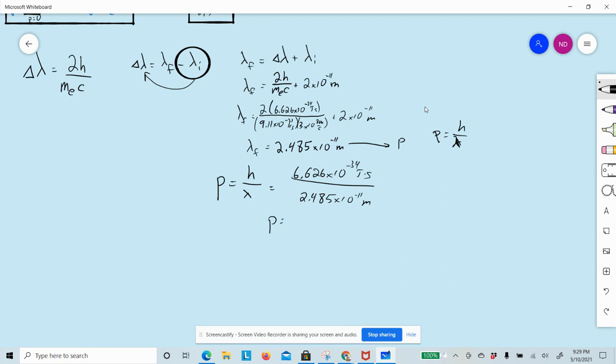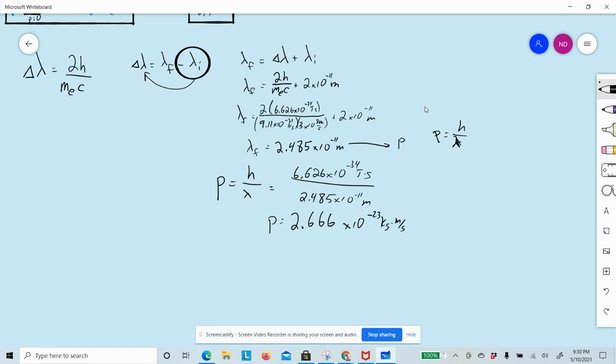The momentum of the photon afterwards will be 6.626 times 10 to the negative 34th divided by, type the right numbers in, 2.485 times 10 to the minus 11th, which gives us this number of 2.666 times 10 to the minus 23rd kilogram meters per second.